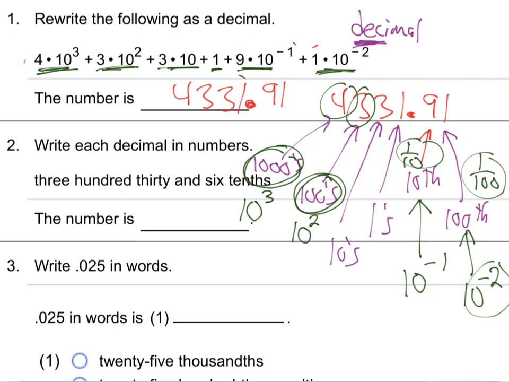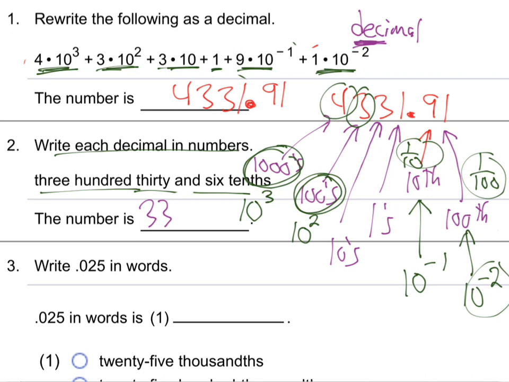So now it says write each decimal in numbers: 330 and 6/100. So how am I going to write that as a decimal? It's going to be 330.06.